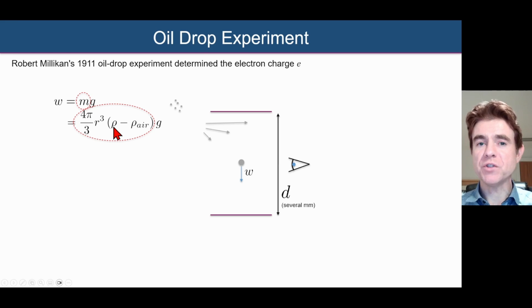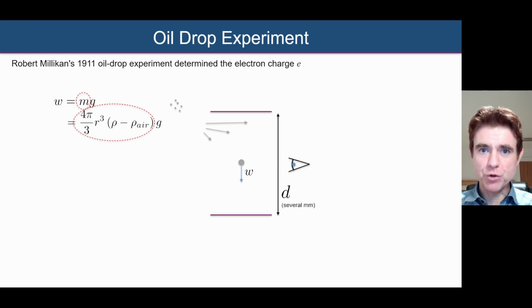So rho is the density of the oil droplet, and then we're subtracting off the density of the air. That's a necessary correction to give the effective density of the oil droplet. A good way of understanding that is to ask, what if the oil droplet were instead just a sphere of air? Then we'd have rho air minus rho air, which is effectively 0.